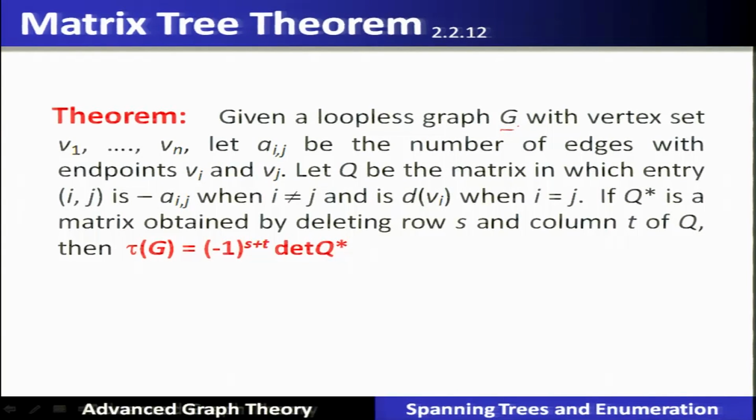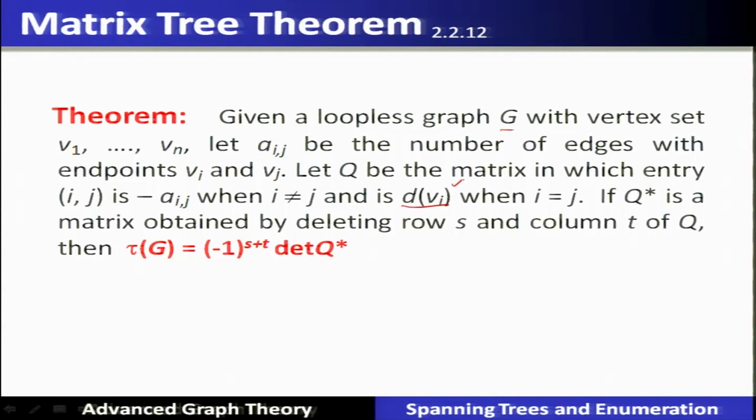Let Q be the matrix in which the entry ij is minus aij when i is not equal to j, that means there is an edge, so we put minus aij, and whenever i is equal to j, that is the diagonal elements, there we place the degree of that particular vertex.